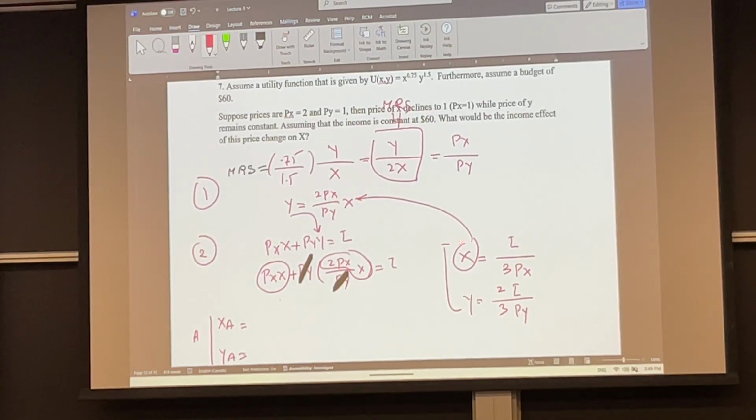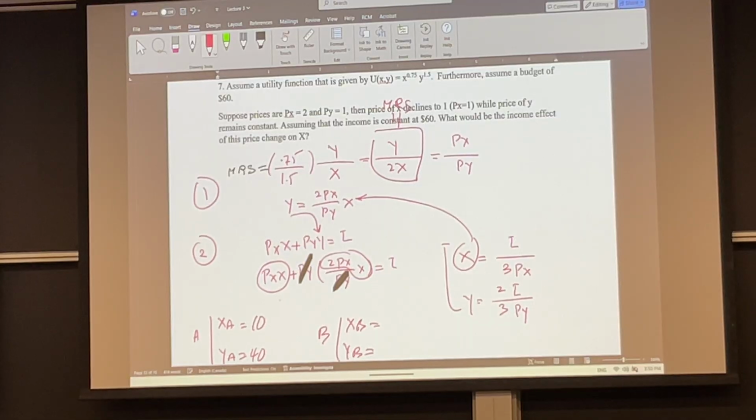What's the demand for x? That is how much? 10. What's the demand for y? 40. Right. That's 60, that's 3, that's 20. That's 40.